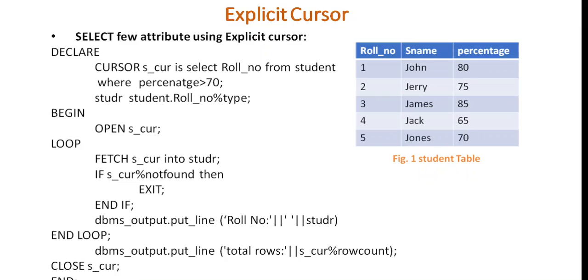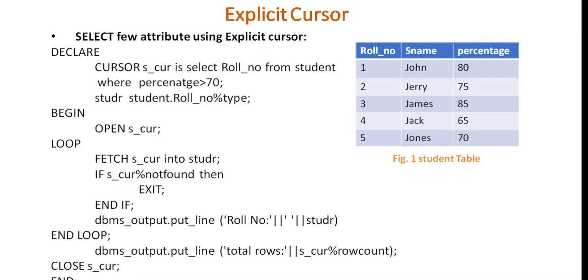Now here I want to display only roll number, so I have declared only a simple variable std, a single variable to hold roll number. If I want to execute a select query like this, where the cursor SQL is select roll number, name from the student, suppose I want to display these two attributes. In that case, I need to declare two variables. First is the std variable, student.roll_number%TYPE, which is used to hold roll number only.